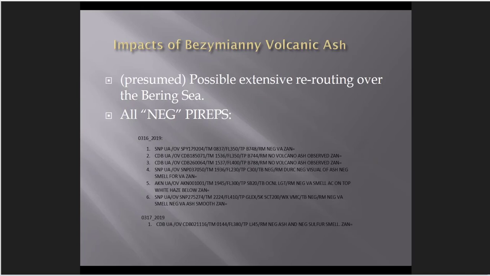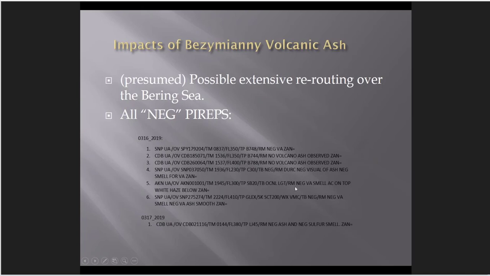Over the Bering, whether that was because they weren't flying and they were rerouted, or they weren't reporting it, is a question that we can't answer. We did get some negative PIREPs from the eastern Aleutians into Sand Point, south of Anchorage, Cold Bay, Kenai, and Cold Bay again early on the 17th.